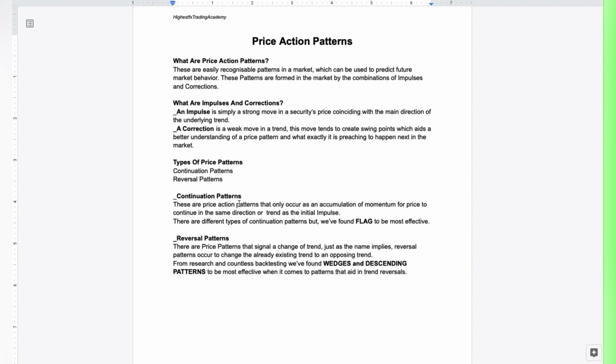So let's define it. Continuation patterns are price action patterns that only occur as an accumulation of momentum for price to continue in the same direction or trend as the initial impulse. It just happens for accumulation. Sometimes, like I said, the correction is where you get to predict where the market is facing, right?